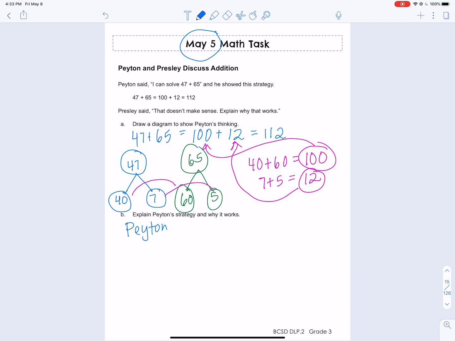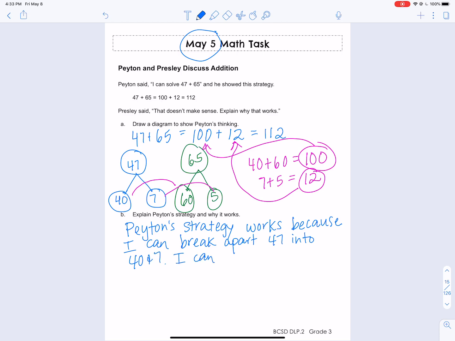Peyton's strategy works because I can break apart 47 into 40 and 7. I can break apart 65 into 60 and 5.